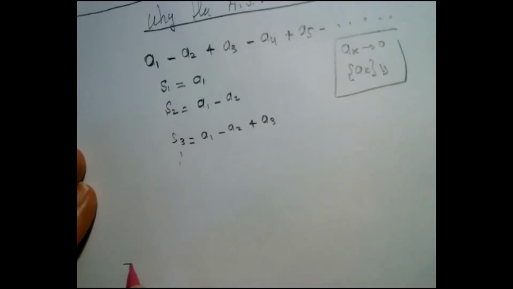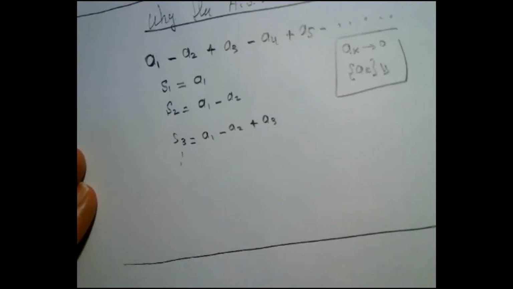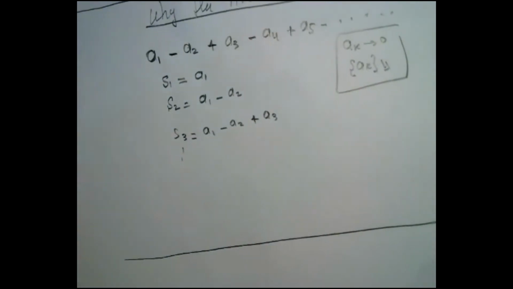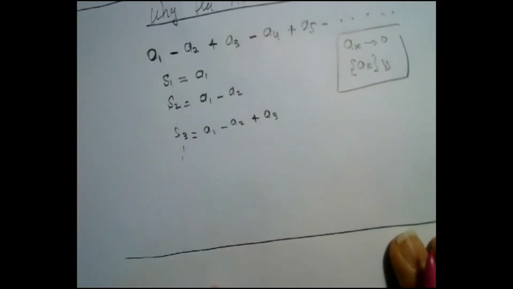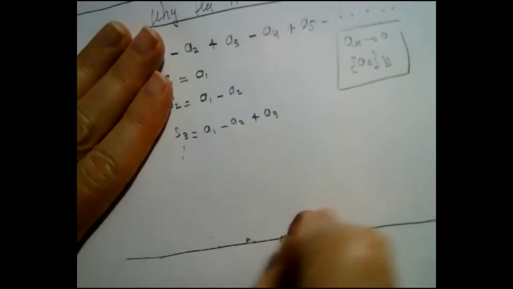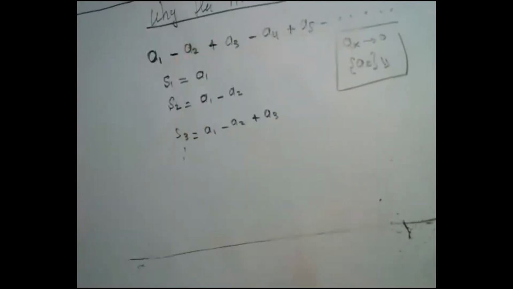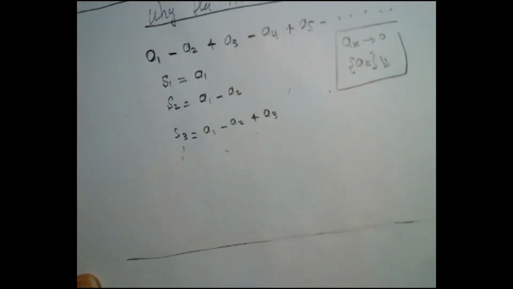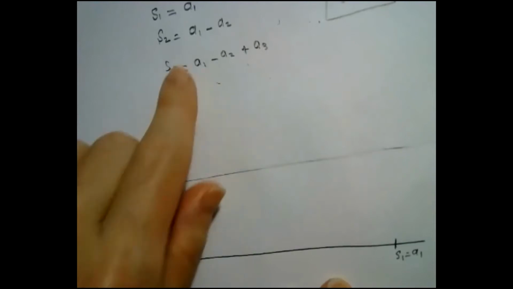So on the number line, I'm going to put those sums. Actually, I want my number line to be a little bit lower, down here. Okay, that's my line. S1 is a1, so I'm going to put S1 here on my line. Now what is S2?